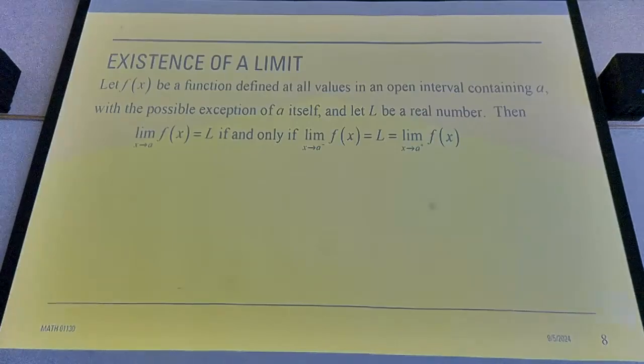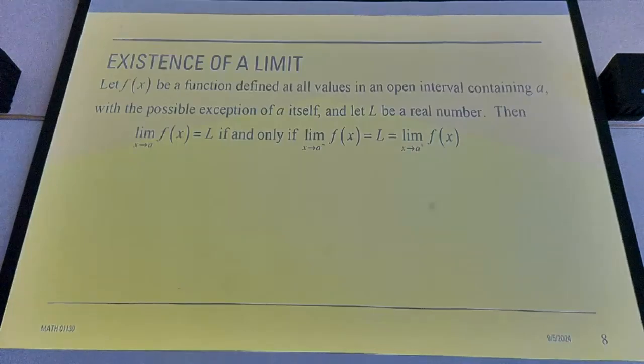So if you have both the left-handed and right-handed limit being L, then your limit is L. It makes sense.